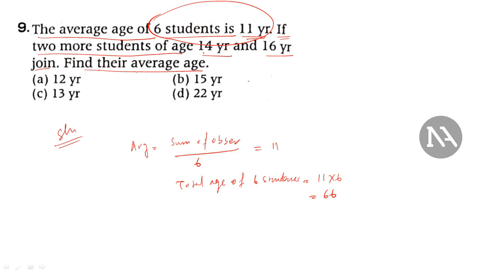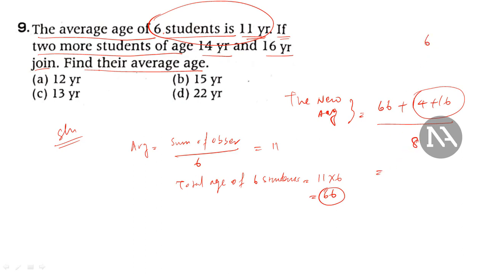Now 2 more students are added in the class. Now we have to find the new average. The new average is equal to the total age of the 6 students, which is 66, plus the 2 new students' ages, 14 plus 16. Now the total number of students is 6 plus 2, so it is 8.